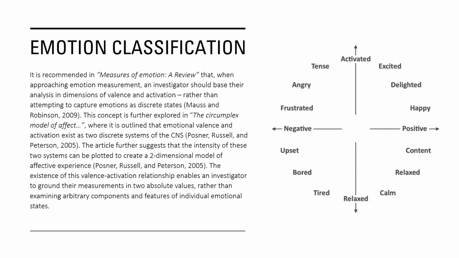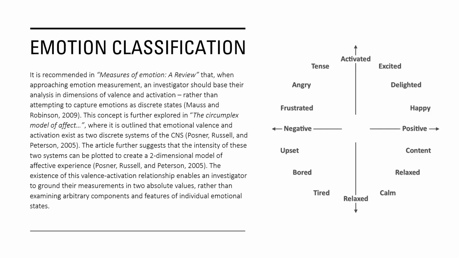So for emotion classification, how I actually retrieved information about the participants' emotions from the data was by using what's called the Russell circumplex model of affect. A little bit of information about it: it's recommended in measures of emotion that when approaching emotion measurement, an investigator should base their analysis in dimensions of valence and activation rather than trying to capture emotions as discrete states.